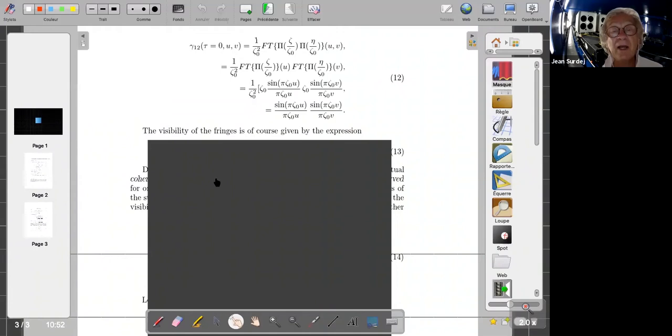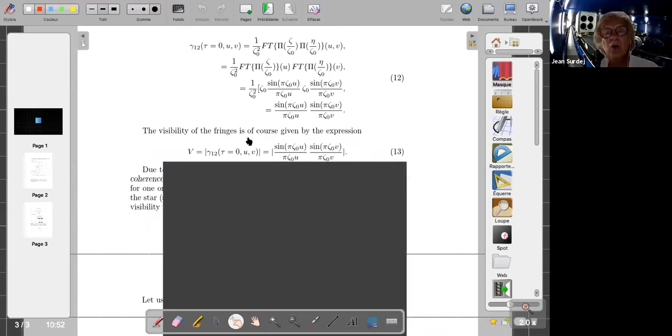So we expect now that the visibility of the fringes, you remember the visibility is the modulus of the complex degree of mutual coherence. So we will have to take the modulus of this expression, and we find how the visibility of the fringes for the case of a square star should depend on the frequencies u and v.